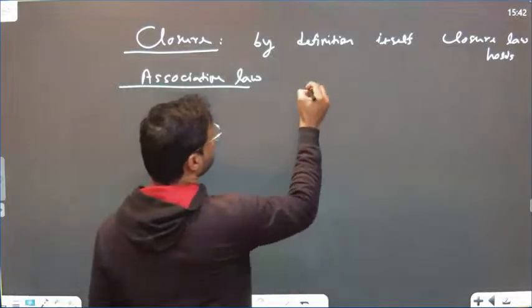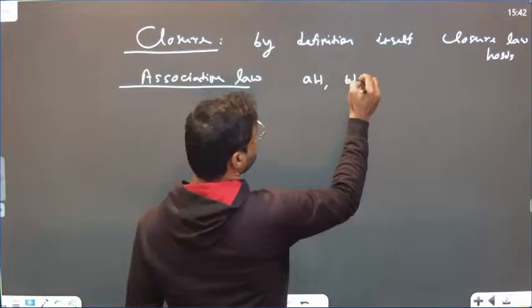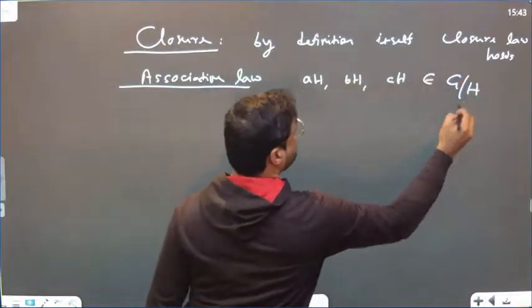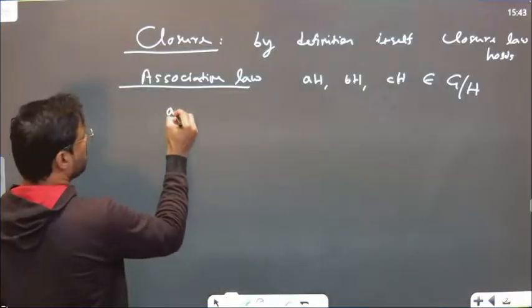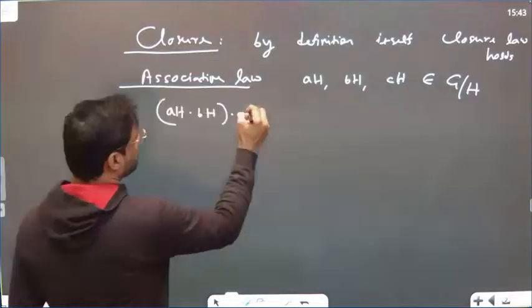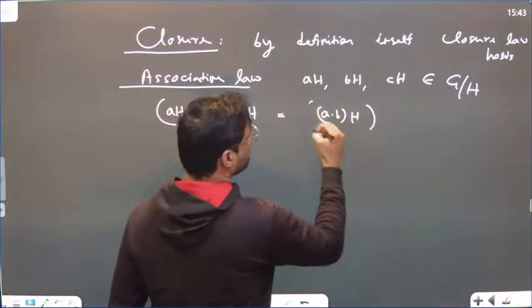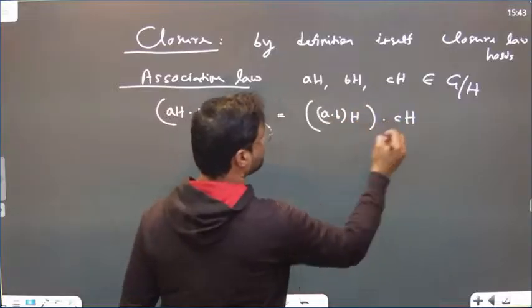So simply take any three elements aH, bH, and cH belonging to this quotient set. Now (aH dot bH) dot cH equals, first using the definition, abH dot cH.